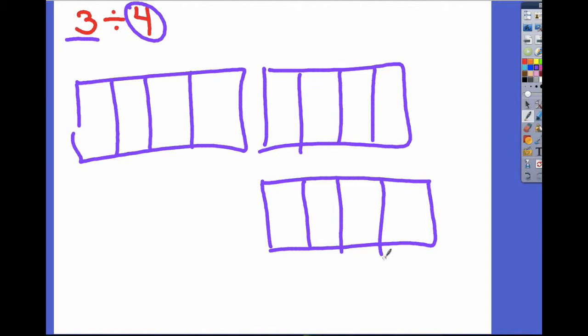And if we're dividing by 4, what's the number we're going to count up to when we're dividing it out? 4, because each part's divided into 4. We're dividing it by 4. So we have 3 whole pieces that we've divided into 4 parts. 1, 2, 3, 4.